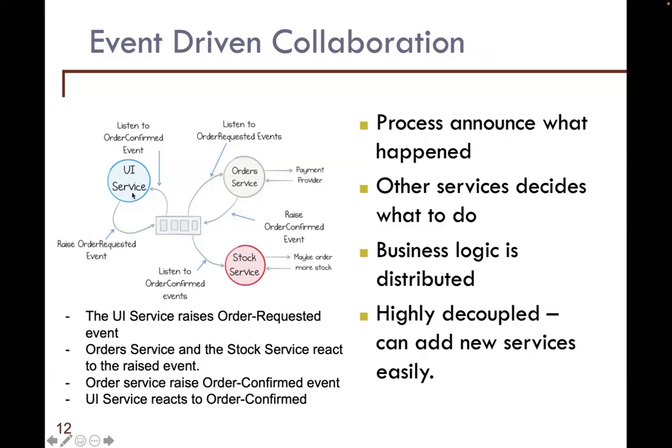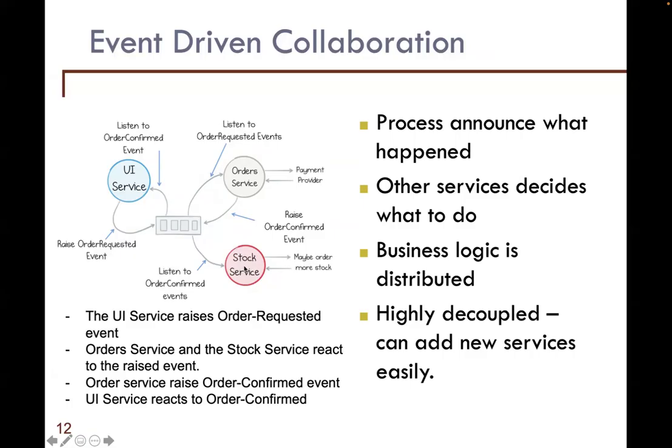In this case, the user interface service will raise an order requested event on an event log, and those listening to this event log, like the order service and stock service, will notice it. When the order requested event is raised, the order service immediately notices and does whatever it needs to do, and eventually raises an order confirmed event on the event log. Then the stock service, which waits for this event, does whatever it needs to do when the event is raised.